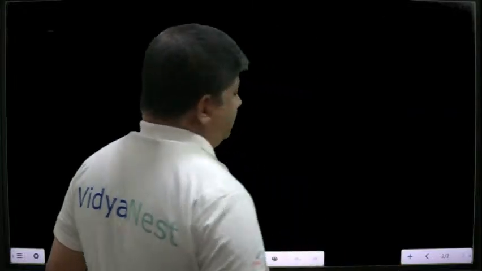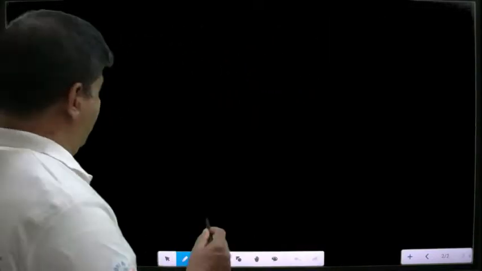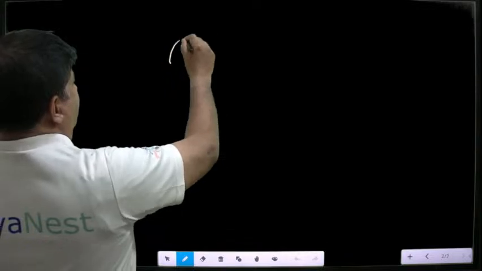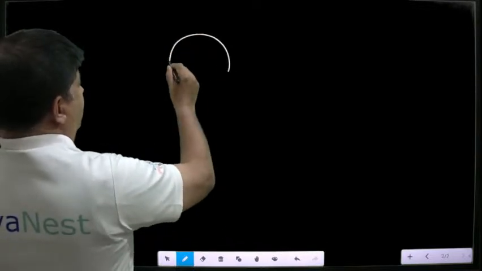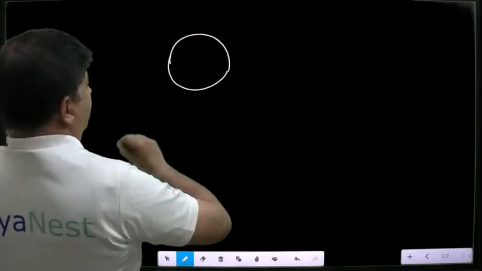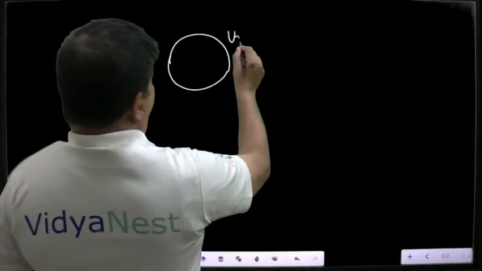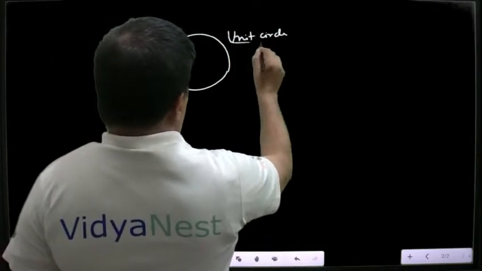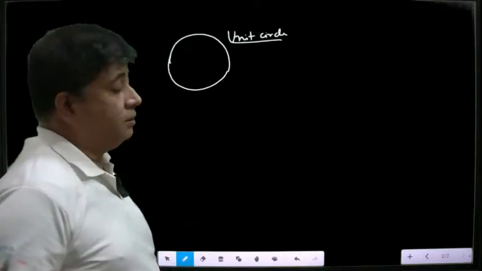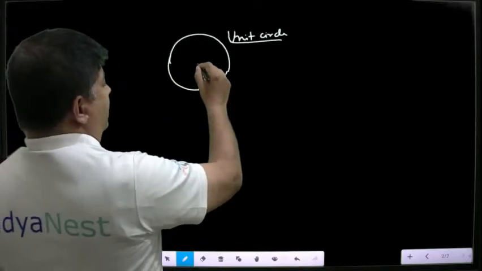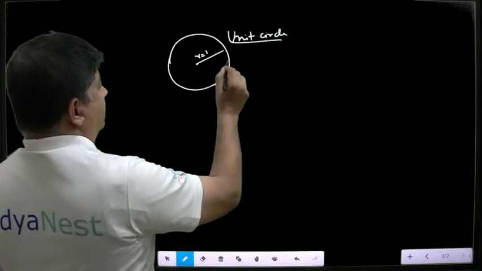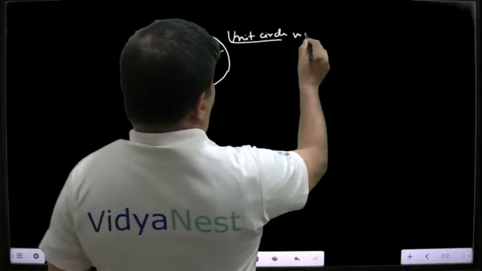In junior class you were taught that suppose you take one unit circle. What is called a unit circle? A unit circle is a circle whose radius is 1.